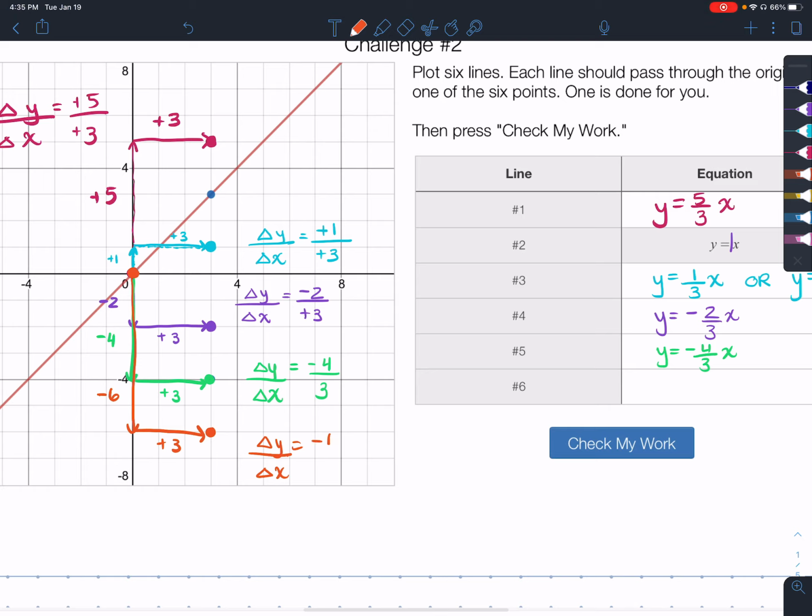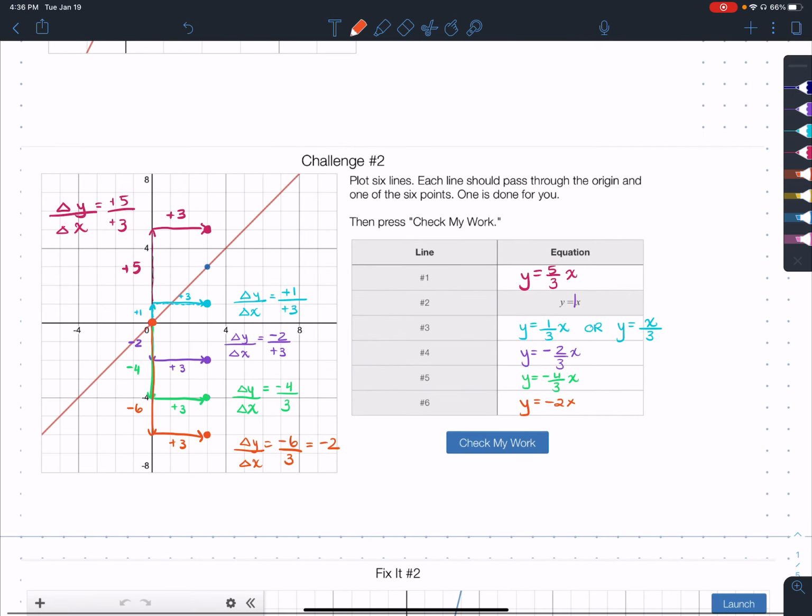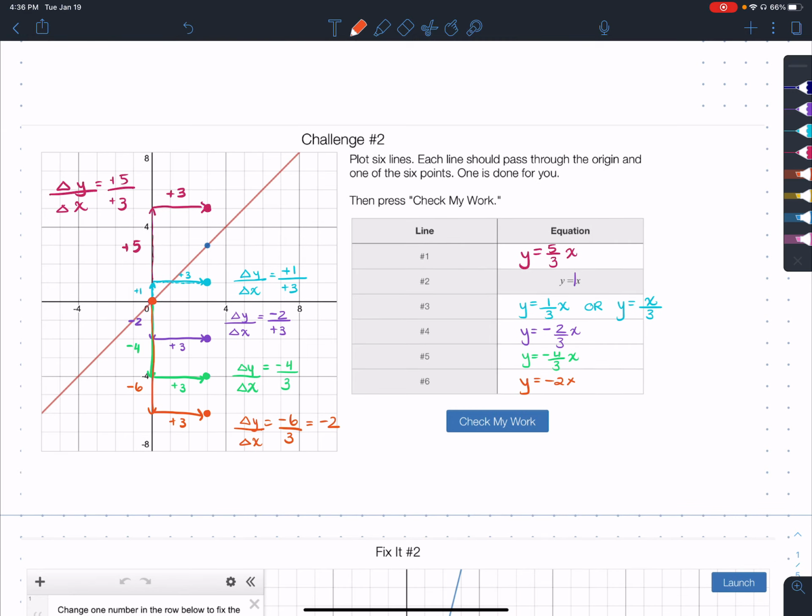We've got negative 6 over positive 3. This will simplify to negative 2, since negative 6 divided by 3 gives you negative 2. So here the answer is y equals -2x. Okay, that was a good example for some slope.